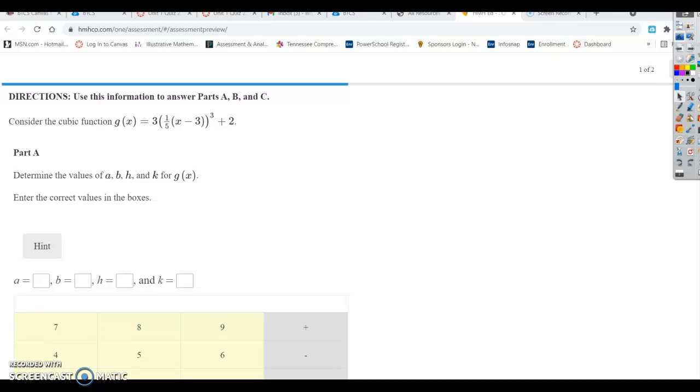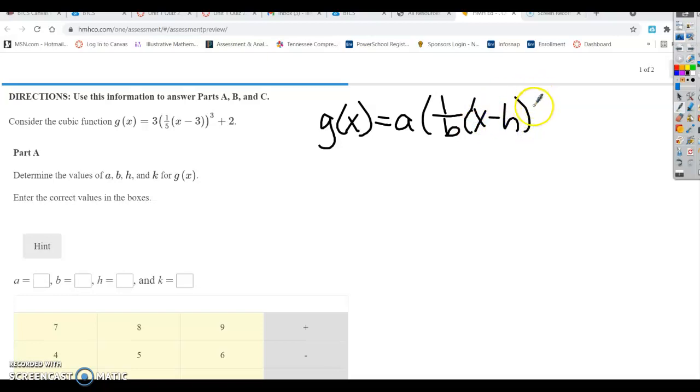If you remember in the last video, we've seen a function, and it's going to be g of x is equal to a times 1 over b times x minus h cubed plus k.